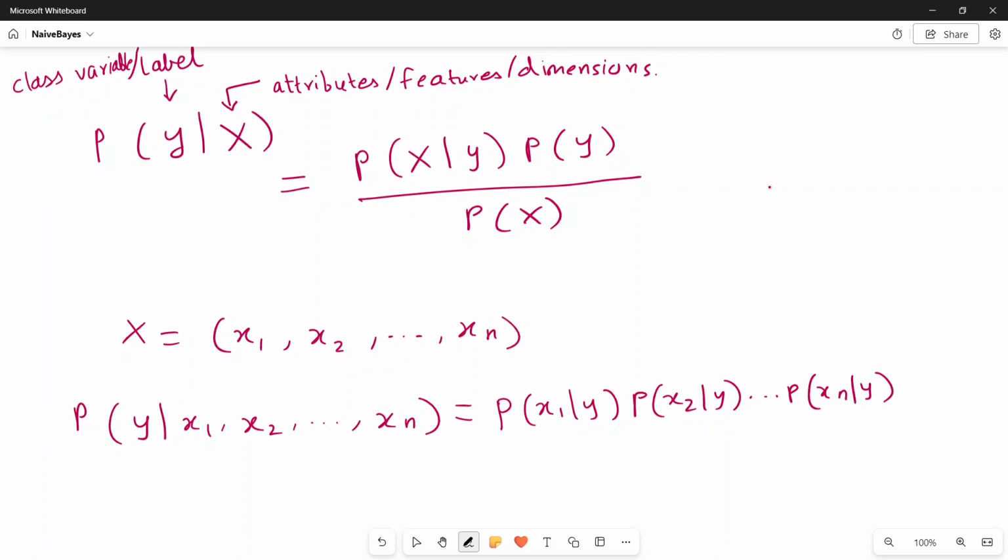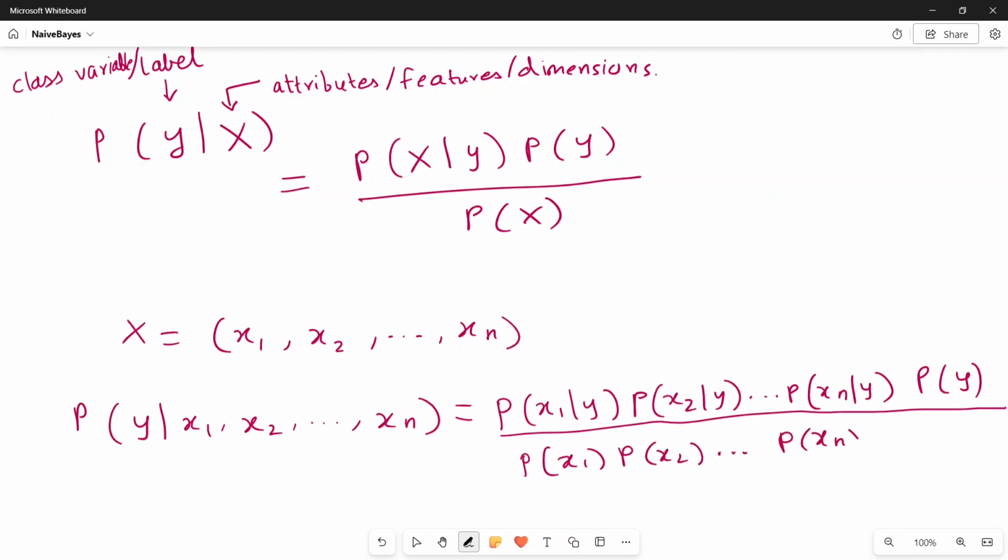So we have expressed the probability of x given y as a product like this, and the probability of y remains as it is. The denominator again we express as the product over all the features: the probability of x is the probability of x1 multiplied by the probability of x2 up to the probability of xn.